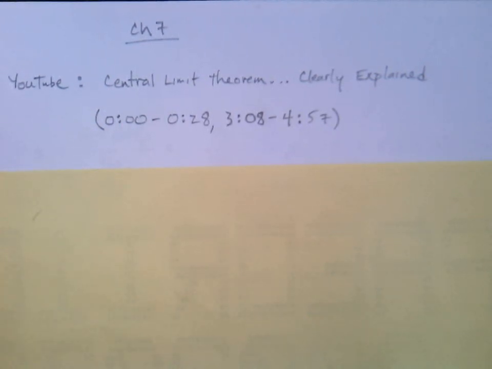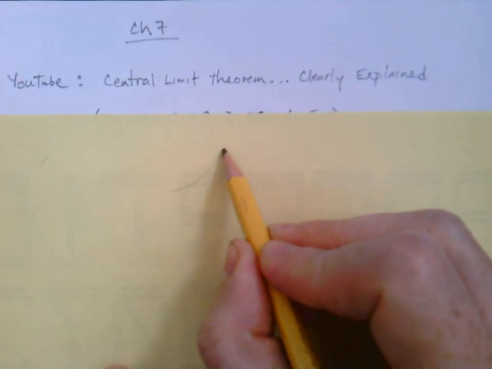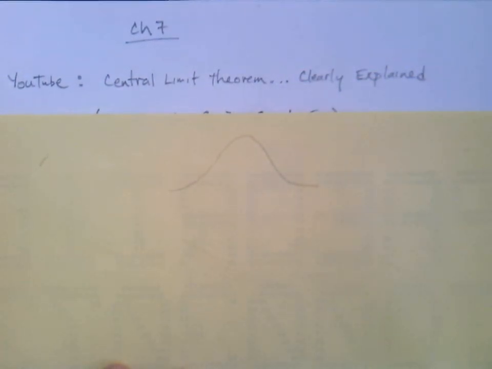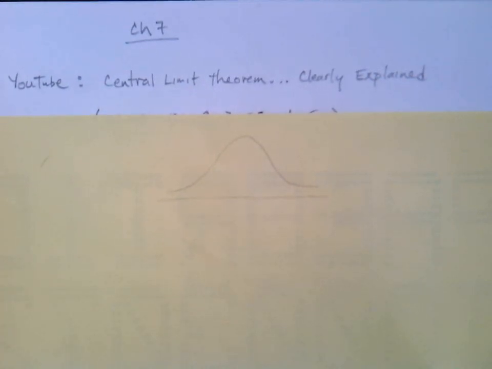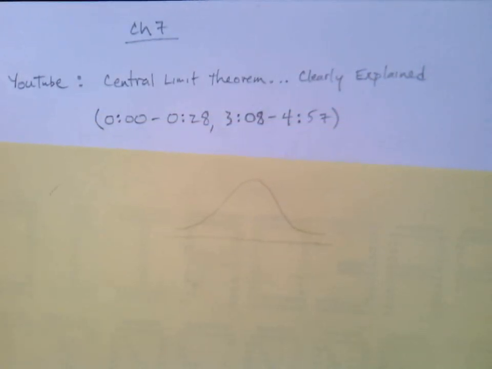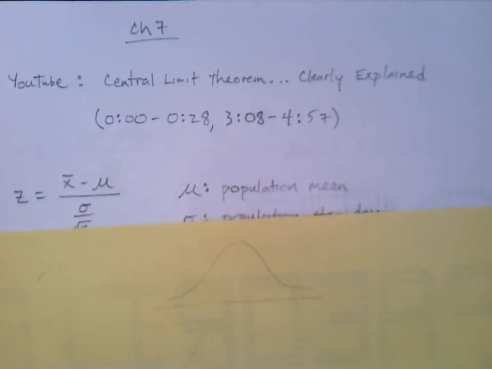If we take a lot of samples and we just look at the averages of each one of those samples, and we think of the averages as the data values, then when we plot all of those averages, it's going to come out to this really nice bell shape. It's going to look like the normal distribution. Okay, so that's kind of what I was trying to get at in those first couple of paragraphs, and what he'll explain in that video too.